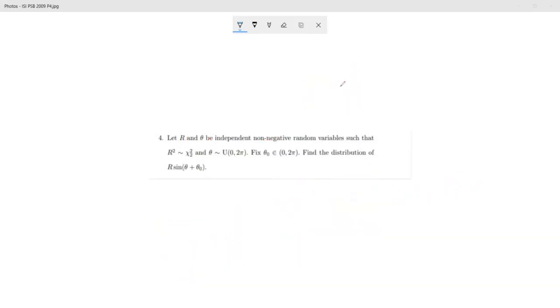So the basic idea is of the coordinate system, the polar coordinates and the basic coordinate system. Let's try to understand this.